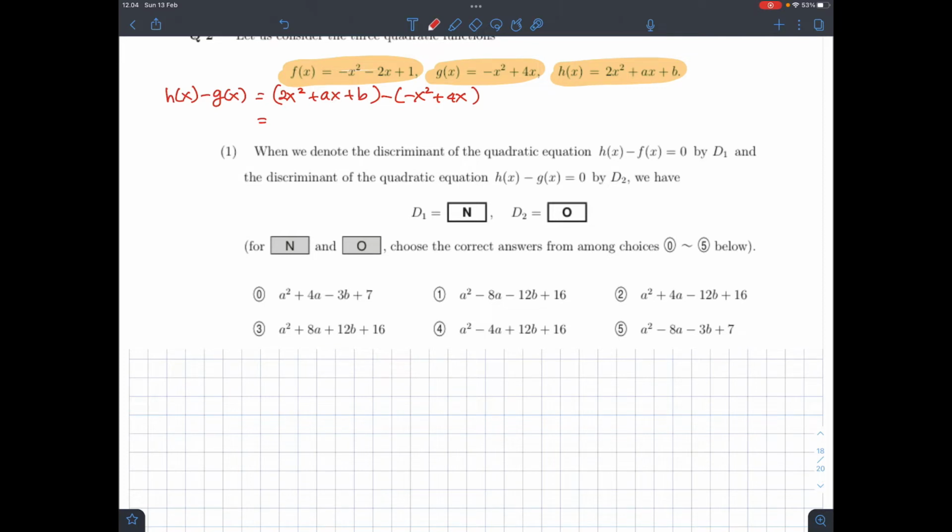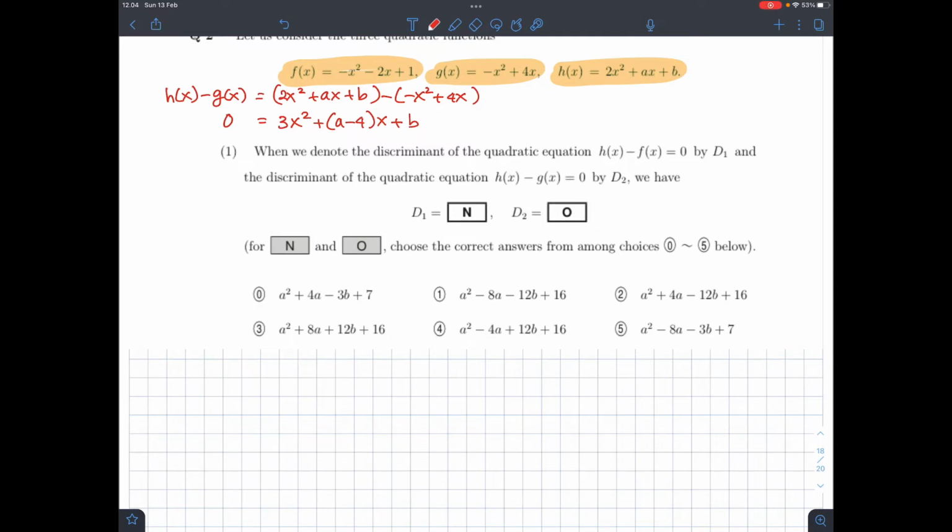Be careful about the negative sign. 2x squared minus x squared becomes 3x squared. ax minus 4x becomes a minus 4 x, and plus b. Okay, this is the new quadratic equation, equal to 0 here. Okay, hx, I think this is for the second part, hx minus gx. Okay, no problem, we do the second part first.